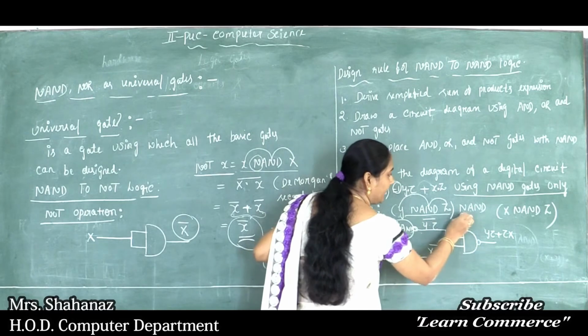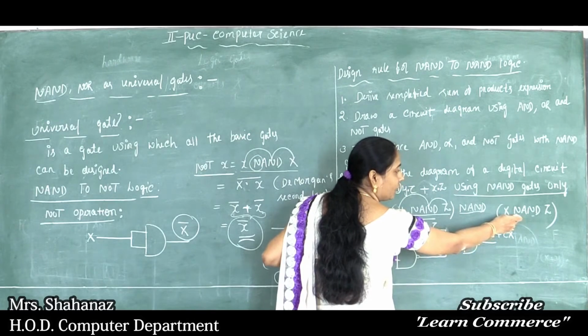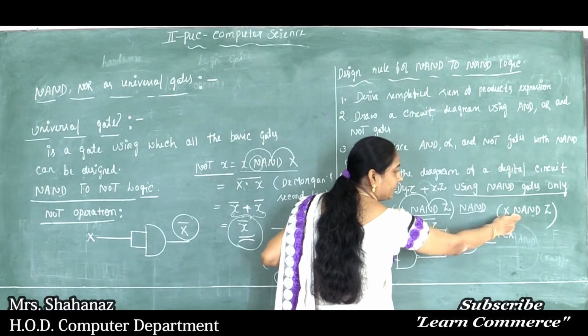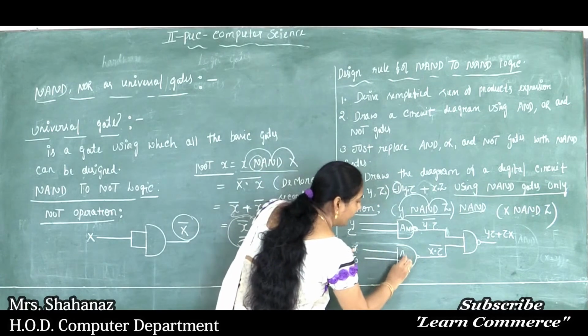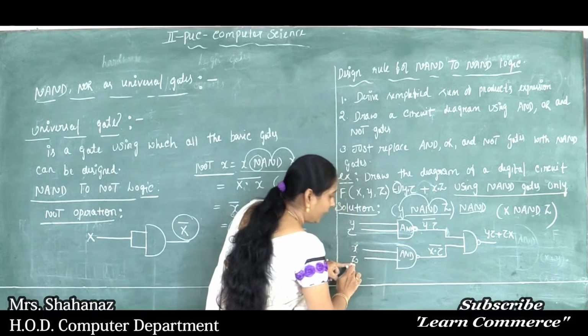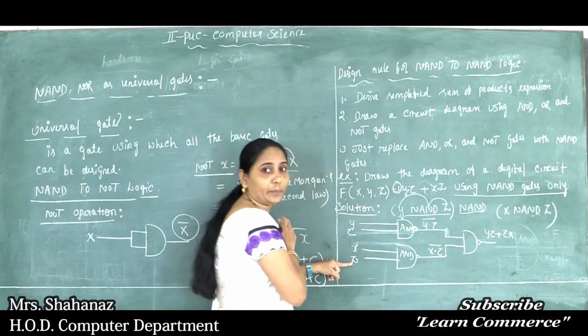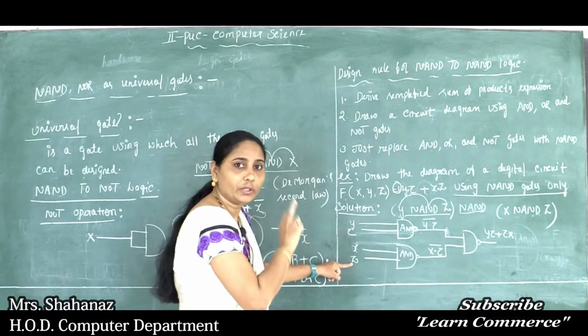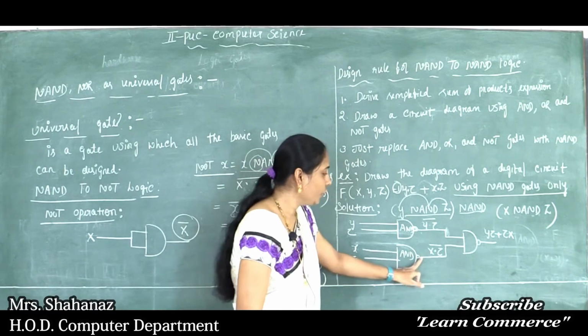Now again I am going to take the first gate, that is X NAND Z. So X and Z NOT. Correct, no? Here NAND means not and.